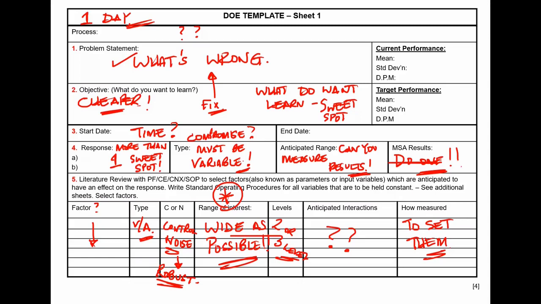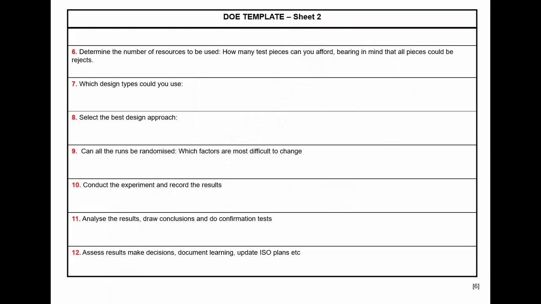Now that we know all the variables, how we're going to set them, now we can go, okay, what's the sample size? Now the software, the technique itself, design of experiments, is looking for 30 to 50 samples.